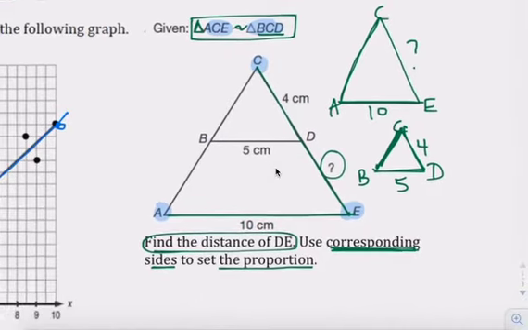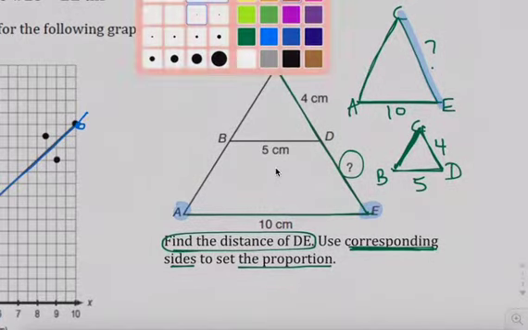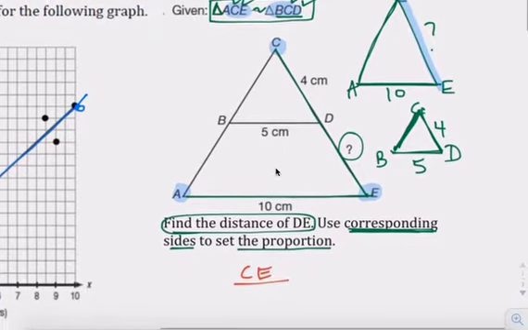Okay, so we're finding this length here, CE. Okay, let's mark this off. CE is the same position as CD. So you put CE over CD.